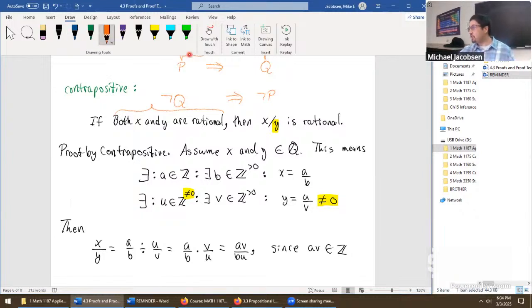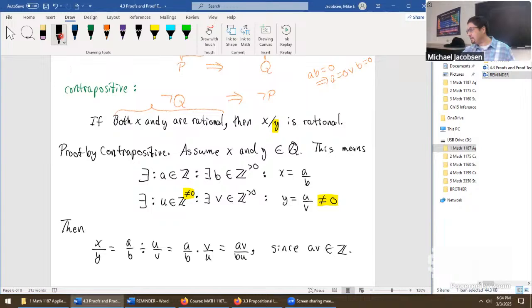If a times b is 0, then a is 0 or b is 0, that is the property. But since neither a is 0 nor b is 0, we have non-zero here.